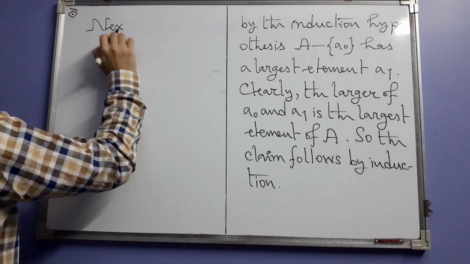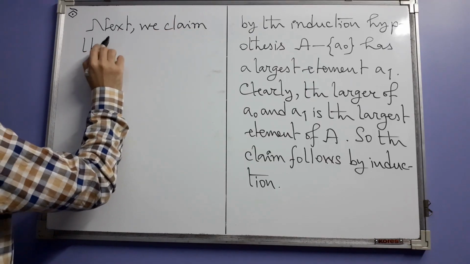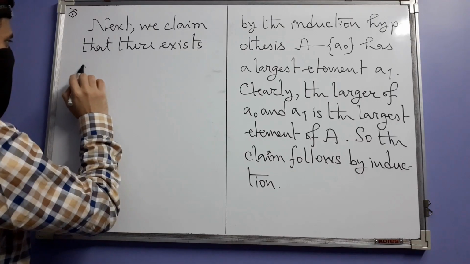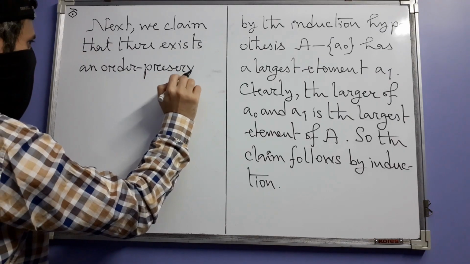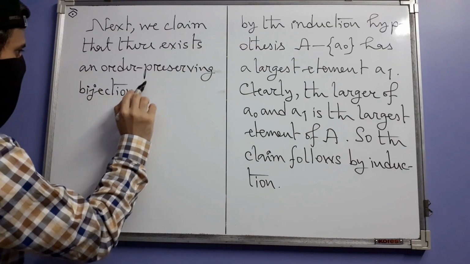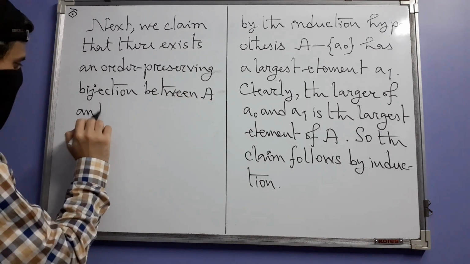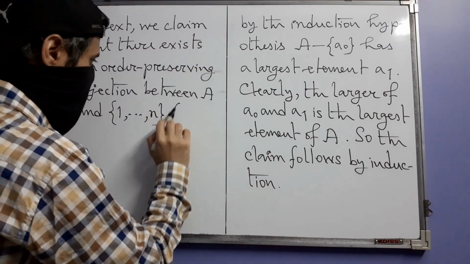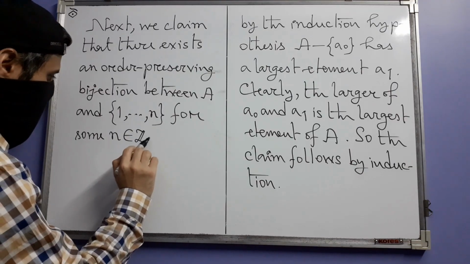Next, we claim that there exists an order preserving bijection between A and this, for some positive integer n.